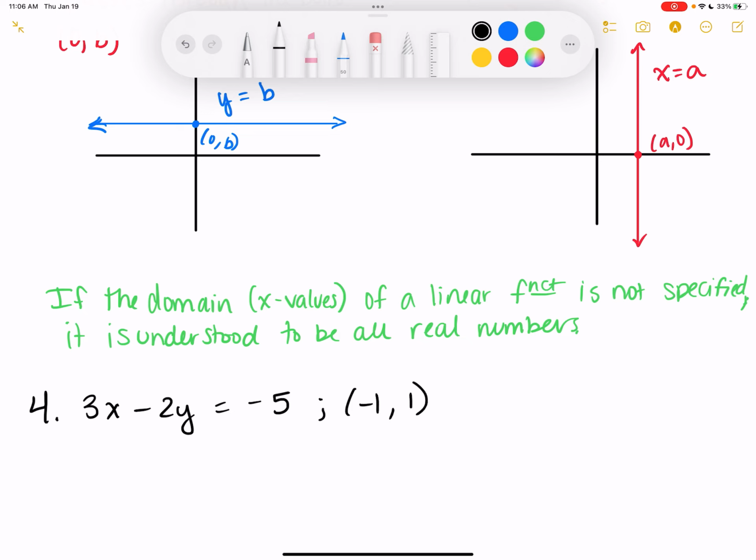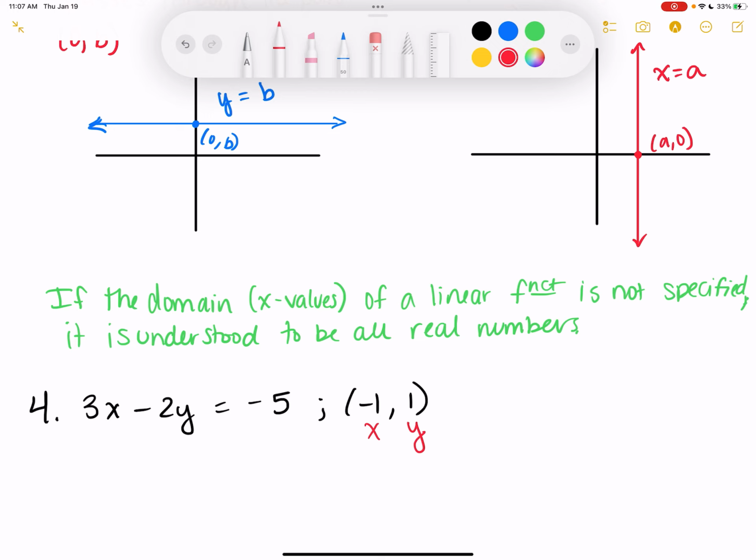We're going to plug that in and see if the left side is equal to the right side. We don't even have to touch the right side in this particular problem. We just want to see if when we plug that in, the left side equals -5. So -1 is our x value, 1 is our y value, and we just replace x and y with those values.